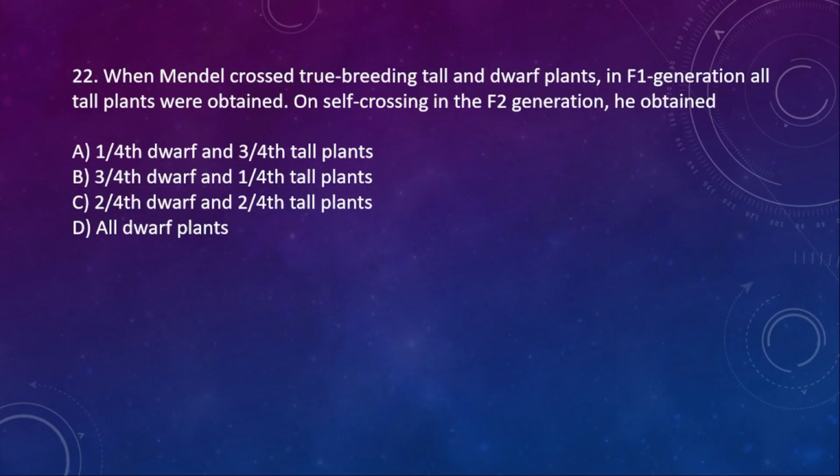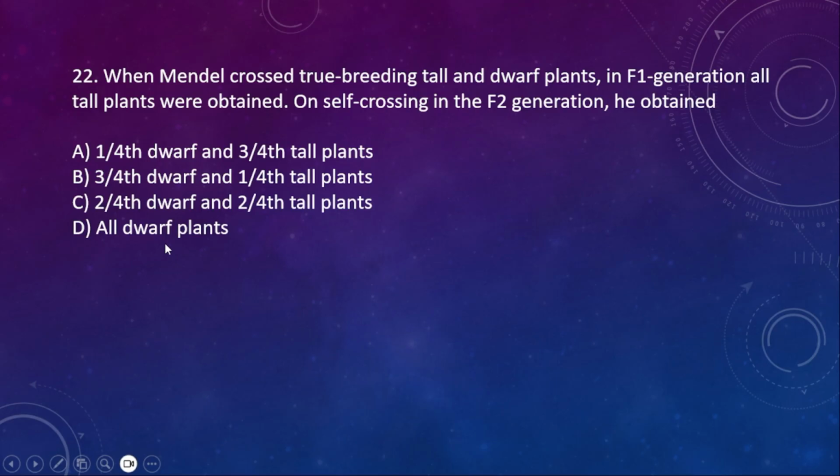On self crossing, in the F2 generation he obtained: option A, 1/4 dwarf and 3/4 tall plants; B, 3/4 dwarf and 1/4 tall plants; C, 2/4 dwarf and 2/4 tall plants; D, all dwarf plants.